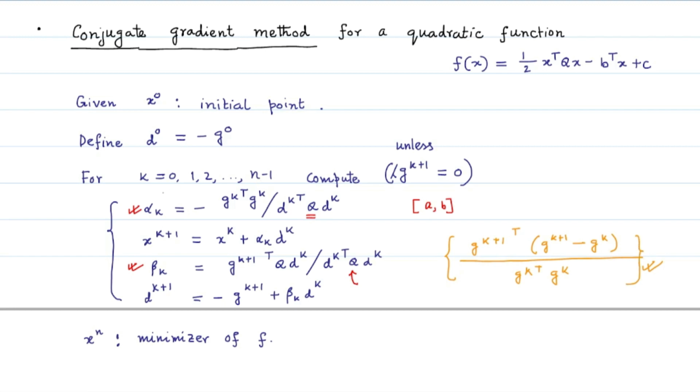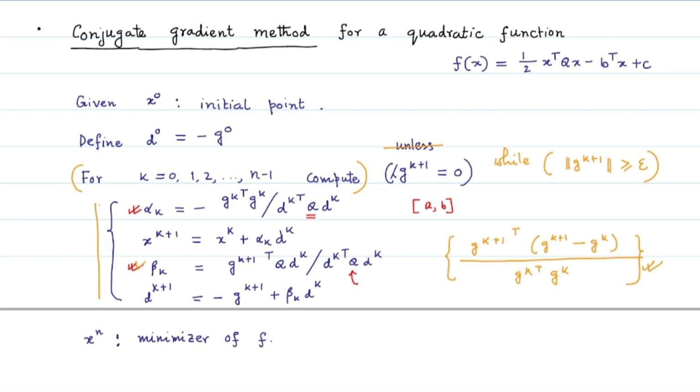conjugate gradient method, and for a non-quadratic function, this entire step for k equals 0 to n minus 1 we need to replace by a while loop: while the gradient at xk plus 1 has a norm greater than or equal to a tolerance level epsilon, you keep computing all these steps, alpha k given by some inexact line search and beta k given by this Polak-Ribiere formula.